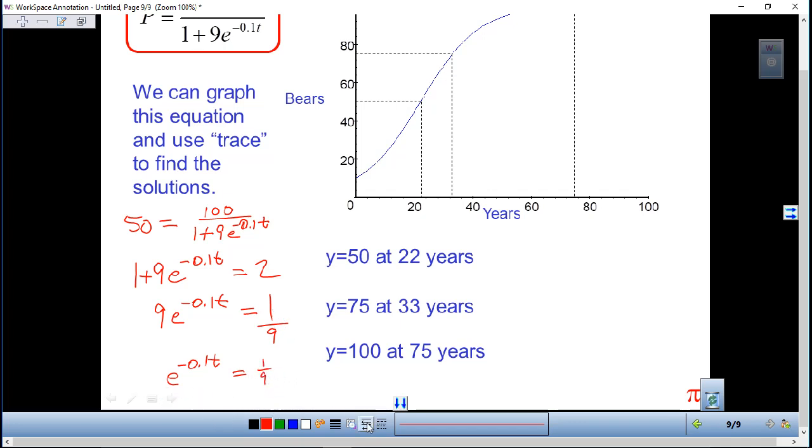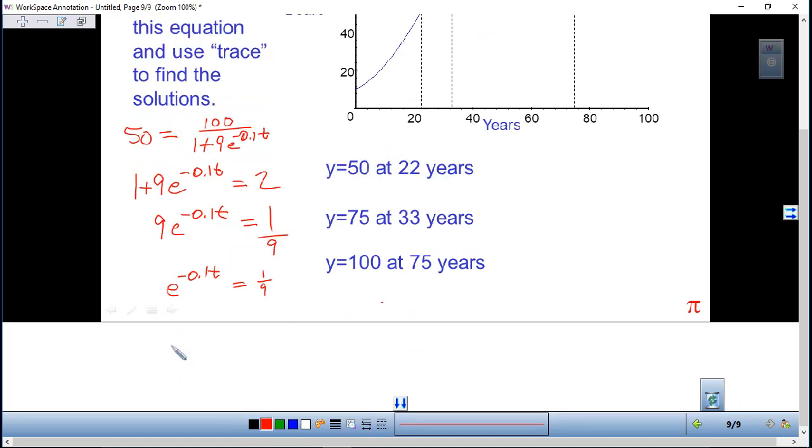Then you take the natural log of both sides. So you're going to get negative 0.1t is equal to the natural log of 1 minus the natural log of 9. And I just went ahead and split that up using the quotient rule. Now, the natural log of 1, of course, is 0.